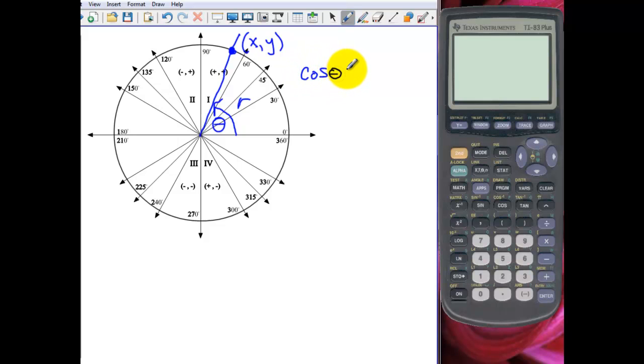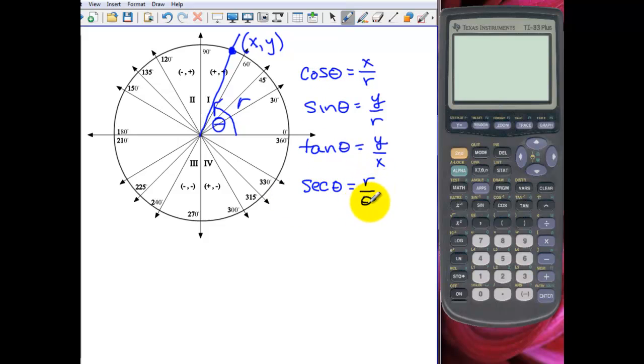Cosine of theta is related to the x coordinate, x over r. The sine of theta is going to be y over the radius. Tangent of theta is y over x. And now if we look at the reciprocals, remember the reciprocal of the cosine is the secant, and that's going to be r over x.